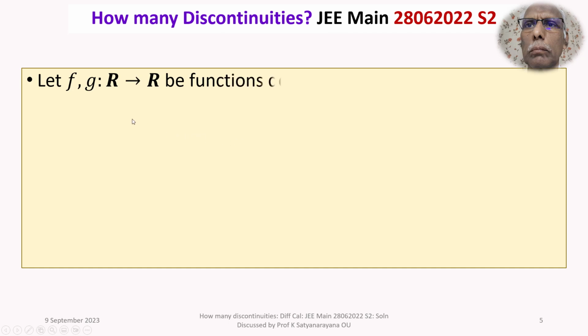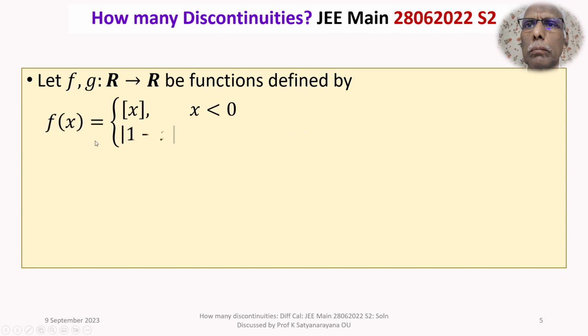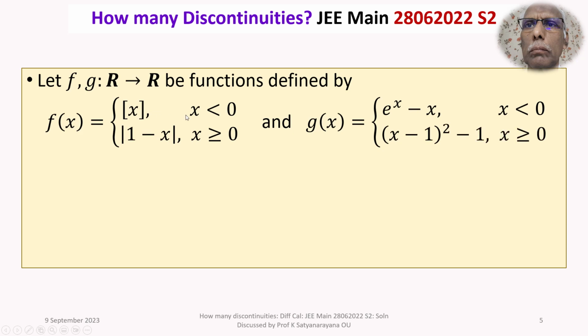The given question is: let f and g be functions from the set R to itself, where R is the set of all real numbers, defined by f of x is equal to bracket x, where x is less than 0; f of x is equal to mod of 1 minus x when x is greater than or equal to 0.